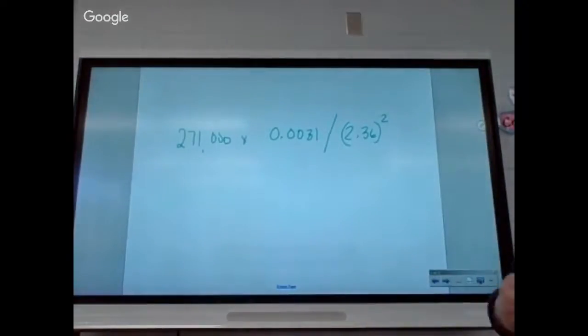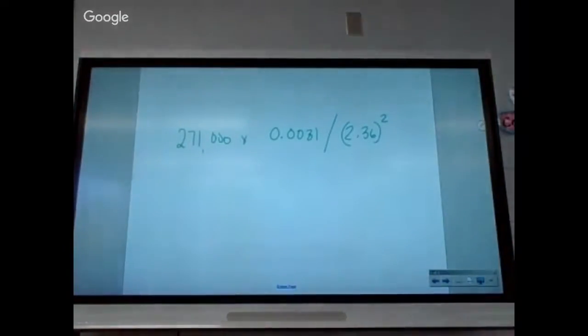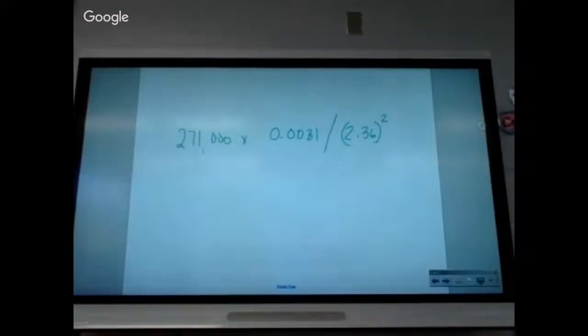It's got a squared in it, but it's not going to change anything. There's no weird add, subtract, multiplies, and a divide all mixed up. So 271,000 times 0.0031, divided by 2.36 squared.